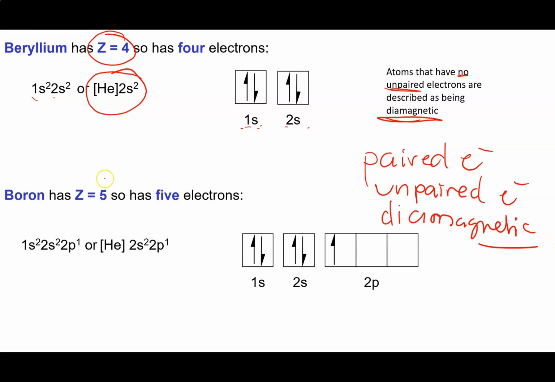Okay, so boron, 5 electrons, 1s2, 2s2, 2p1. The core electrons are from the preceding noble gas, which is helium, and then 2s2, 2p1, they're our outer electrons. So here we go, 1s2, 2s2, 2p1, and remember we have to apply Hund's rule from here on in.